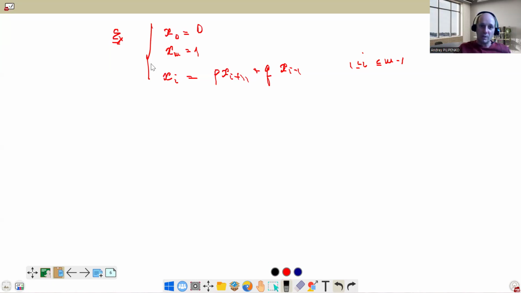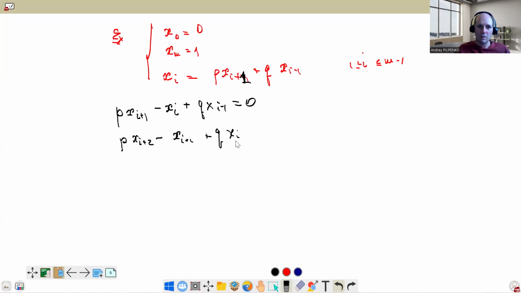So let me write the characteristic polynomial. Let me find the roots, and then I will find the corresponding coefficients. Let me rewrite this equation in the following form: p x(i+1) minus xi plus q x(i-1) is 0, or just shift the index and consider i plus 2 instead of i plus 1.